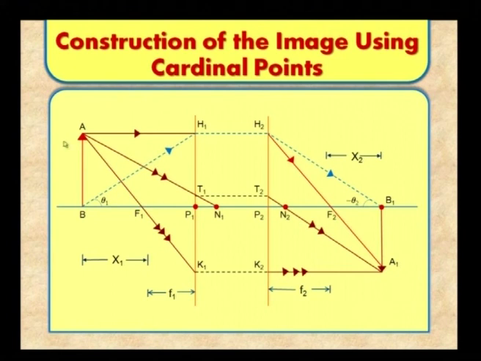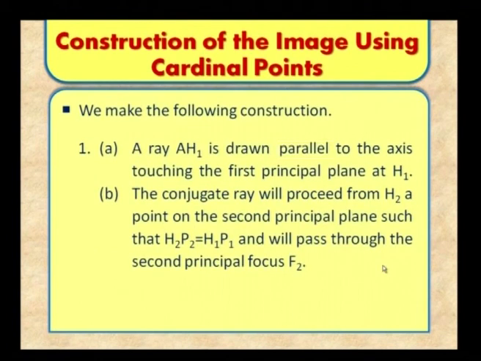So, from H2 the light ray goes through F2 and arrives at A1. So, this is with regard to the light ray which is travelling along this direction AH1. AH1, H1 and H2 are the conjugate points. So, from H2 the light ray goes through the second principal focus F2 and arrives at the point A1.